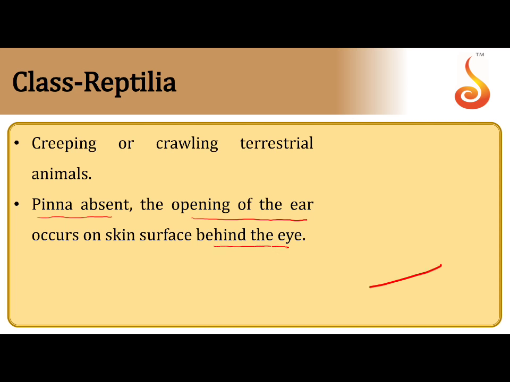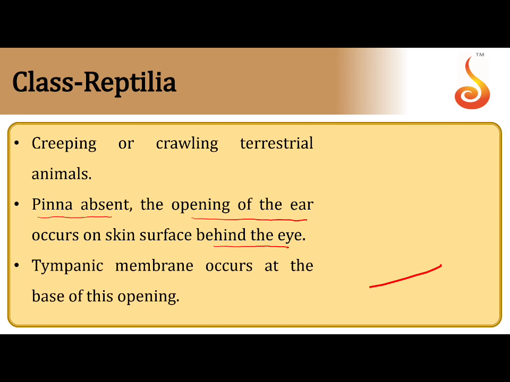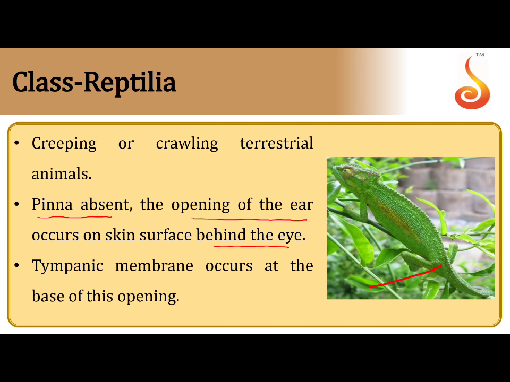So now, if you see this organism, here is the eye, and just behind it, if you see this region, this is the tympanic region. This tympanic region occurs just as a membrane which continues as a canal system which carries the sound waves inside.